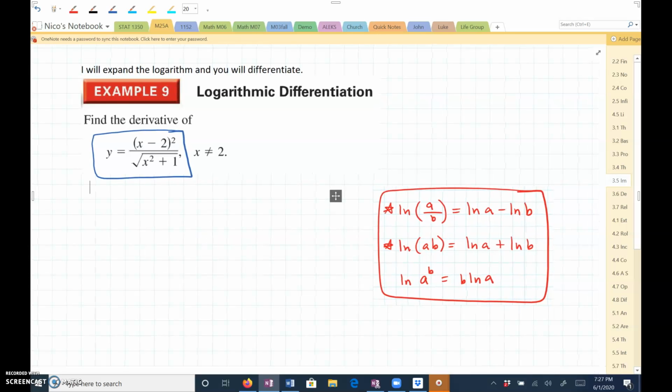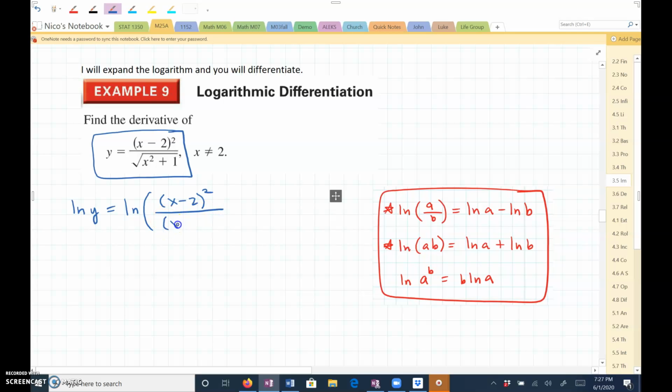An easier way to do this would be to take the natural log of both sides of this function, and notice I'm going to write this as a power instead of a radical, and now expand this using our log properties.